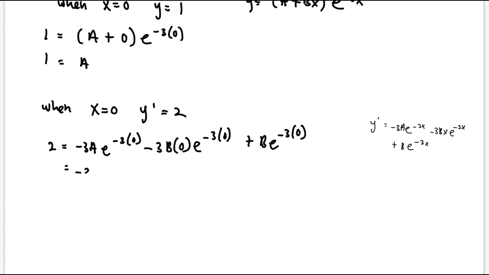So we have minus 3a minus 0 and plus b. So b equals 2 plus 3a. Now we know that our a is 1, so b equals 2 plus 3 times 1, 2 plus 3, so b is 5.